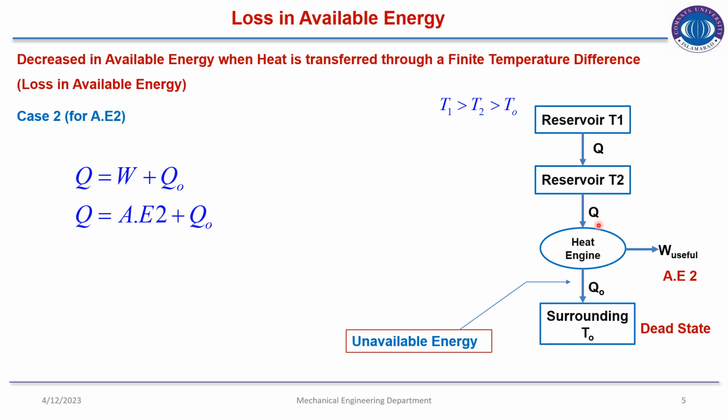Now the temperature of the T2 reservoir is 80 degrees centigrade, and the same Q amount of heat enters the heat engine. Q is the total energy, for case 2 the available energy is AE2, and Q naught is the energy rejected into the surroundings.